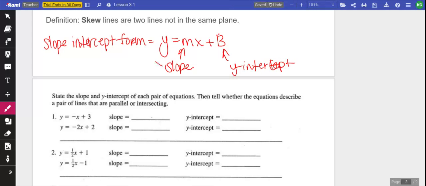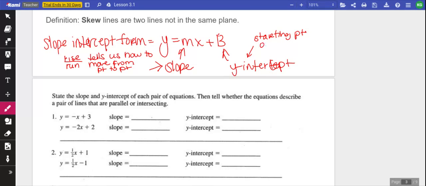Now remember, the slope of a line is rise over run, and it tells us how to move from point to point. The y-intercept is the starting point on the y-axis.